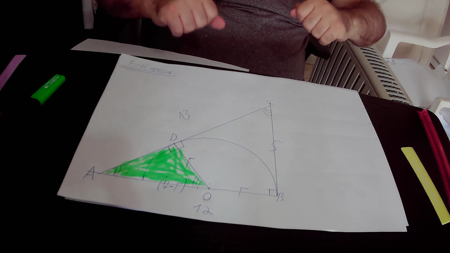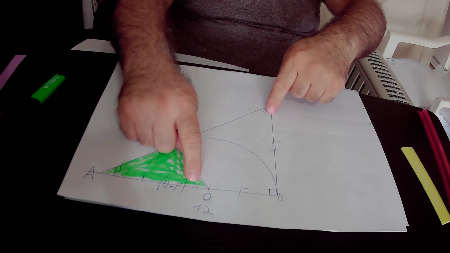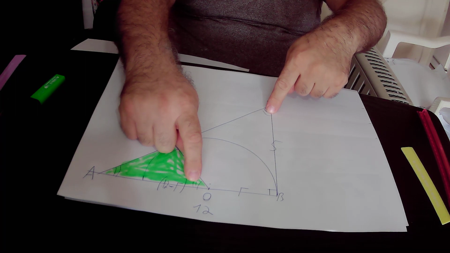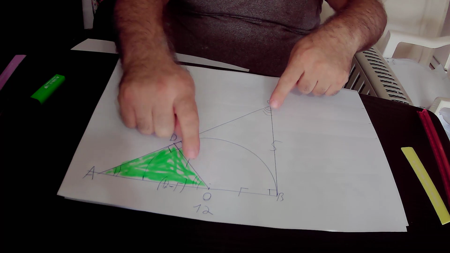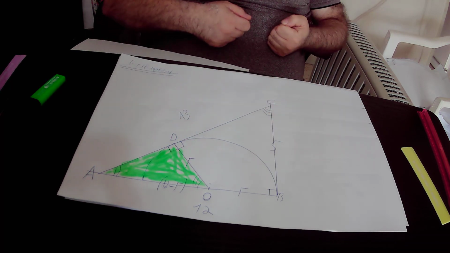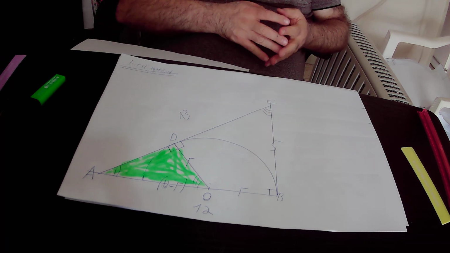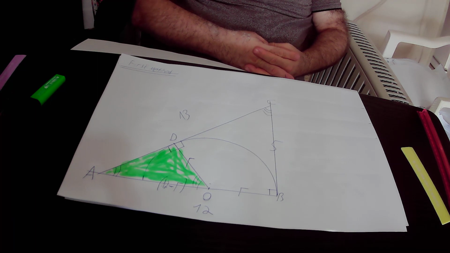Therefore, according to the third angle theorem, the third pair of angles must also be congruent. Why? Because the sum of the angles in any triangle is equal to 180 degrees.